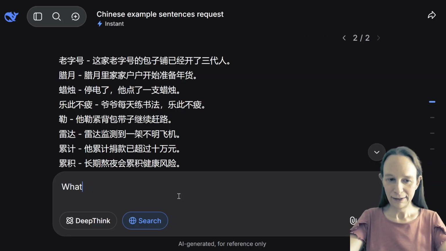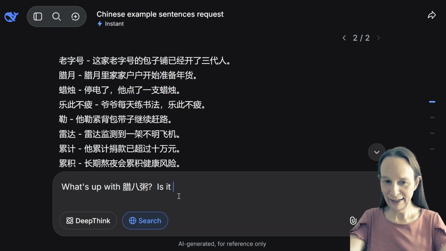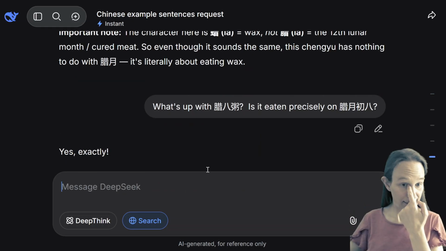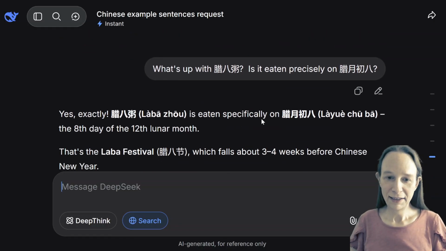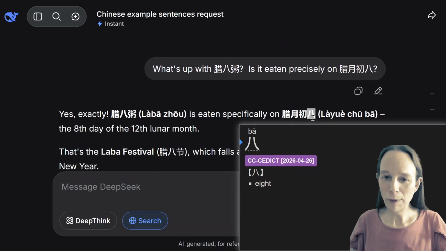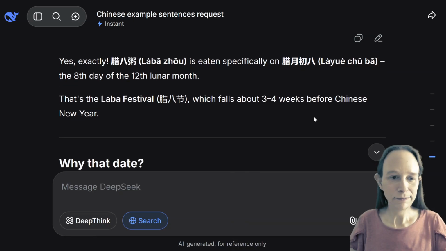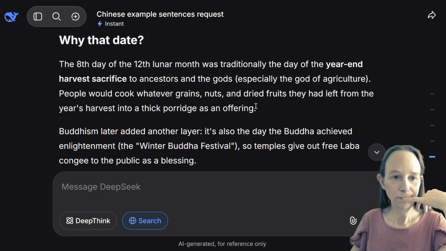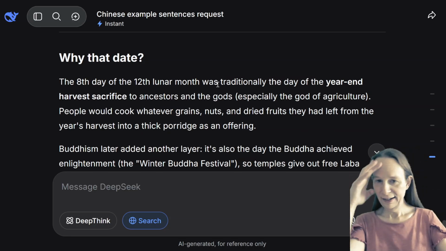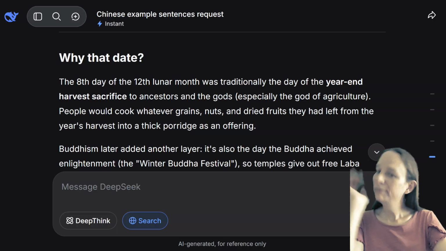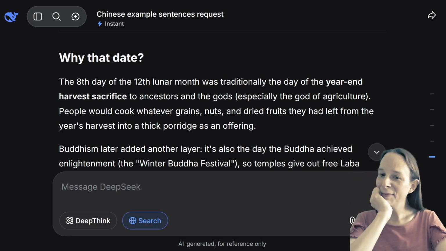So 腊八粥. All right, why precisely on that date? What's up with 腊八粥? Is it eaten precisely on 腊月初八? Specifically on 腊月初八. Not even in the dictionary. So 腊月初八, this would be somewhere around December.